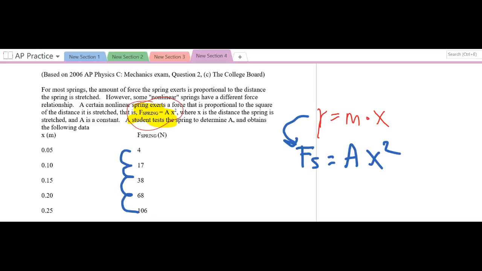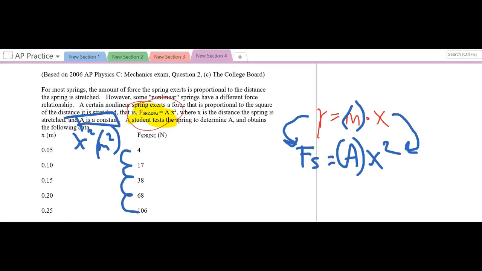On the x-axis, do I have data that's always changing for x squared? Well, I don't have x, but I could produce an x squared column and make that data, so that could work. Lastly, what's on my slope? Slope is a, which has to be only constants. And it says a is a constant, so that will work.